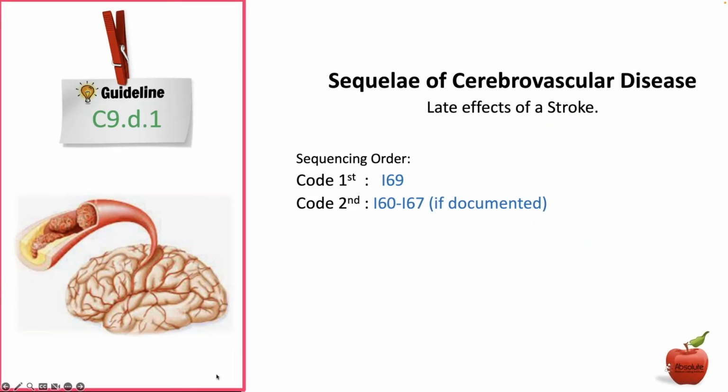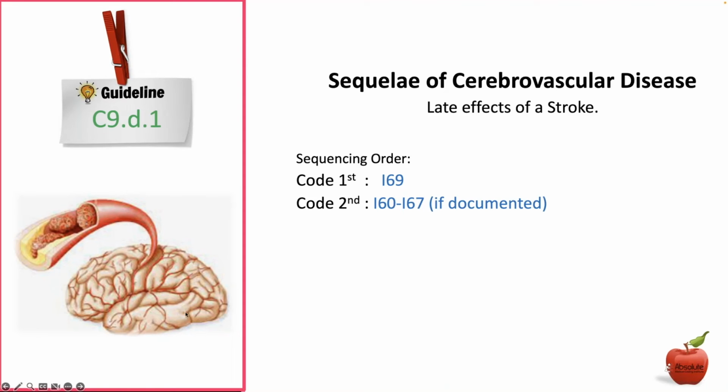All right, so here's a guideline, C9D1, sequela of cerebral vascular disease. This is important because often when a person has a stroke, they have some residual or late effects, right? So just so you know, I clipped this right from your MCG manual.